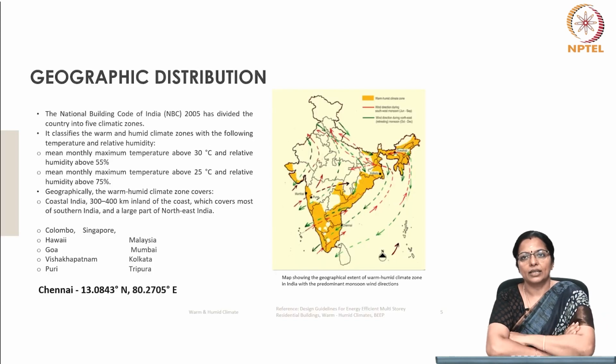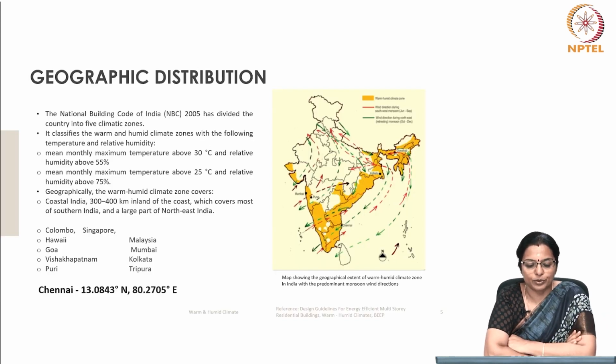First, let us look at its geographic distribution. Now, the National Building Code of India, NBC 2005, has divided the country into 5 climatic zones. It classifies the warm and humid climate zone with the following temperature and relative humidity.